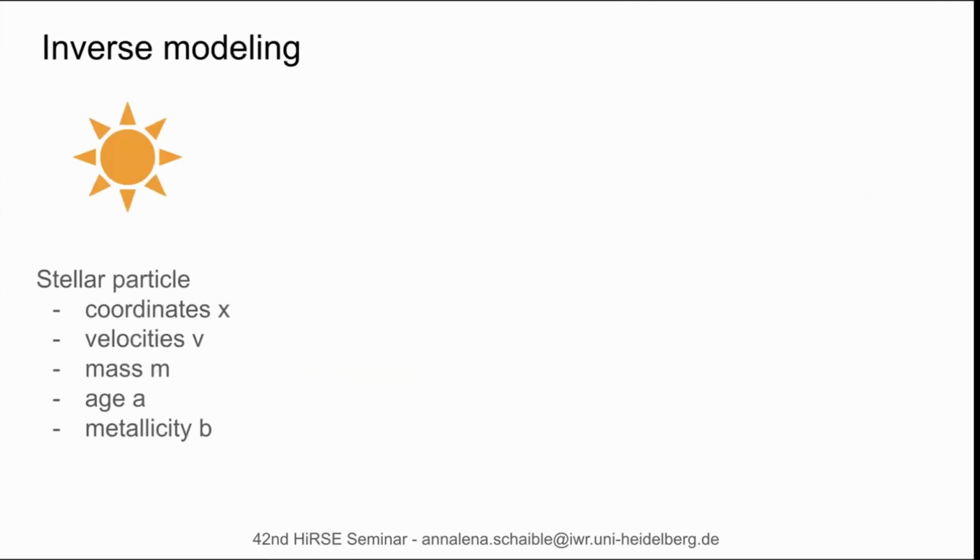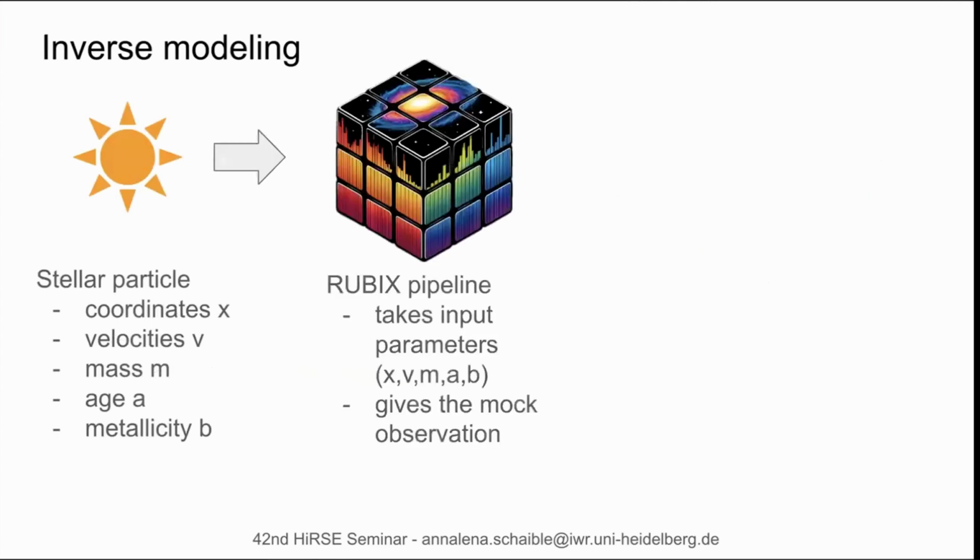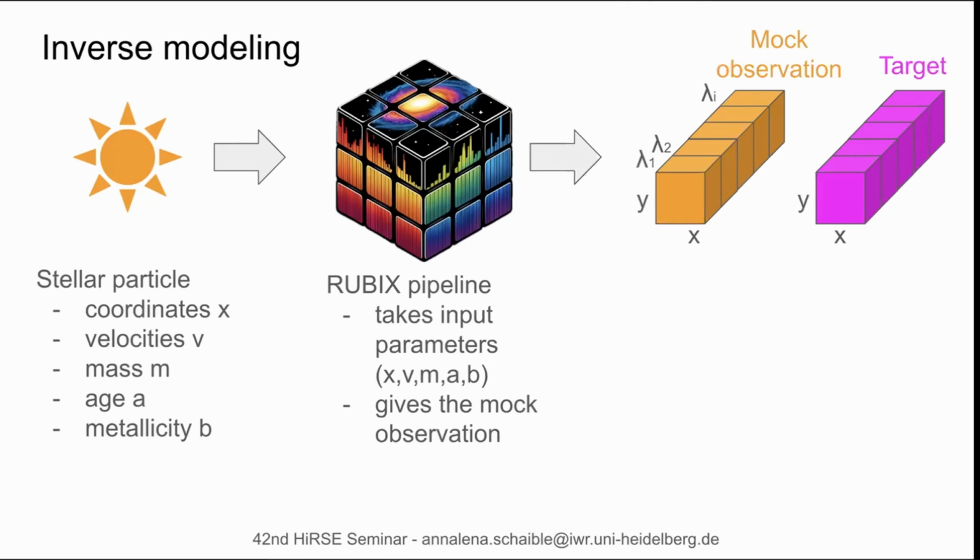So we start with one stellar particle where we have the physical properties, and then we use Rubik's to forward model it into an IFU cube, which means that we get an IFU cube with 1 pixel, which is kind of a spectrum. And we now have our mock observation, which we compare to a real observation or an observation where we want to get the underlying physical parameters.